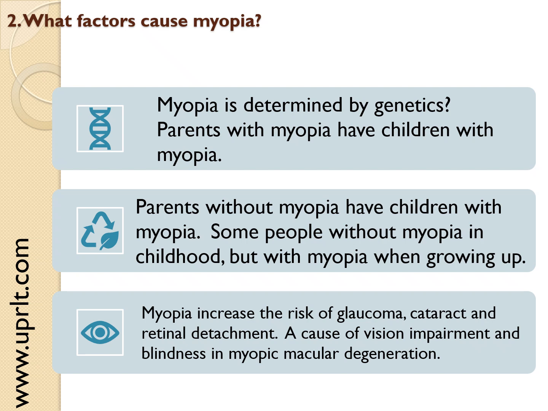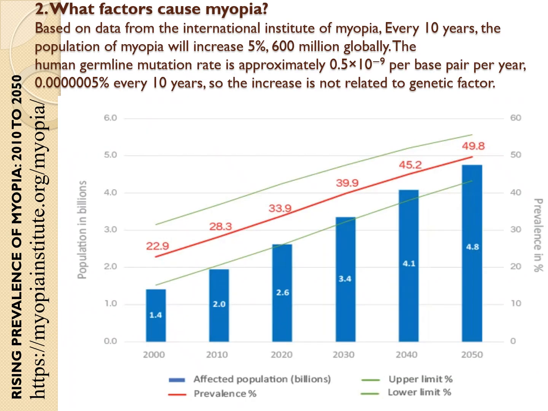Myopia increases the risk of glaucoma, cataract, and retinal detachment, and causes vision impairment and blindness in myopic macular degeneration. Based on data from the International Institute of Myopia, every 10 years, the population of myopia will increase 5%, 600 million globally.